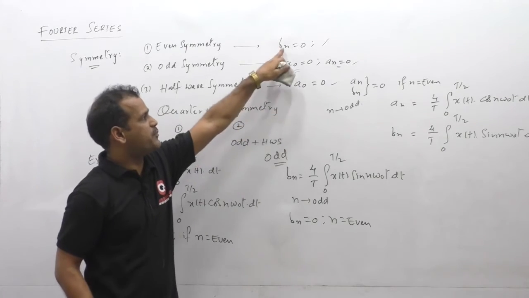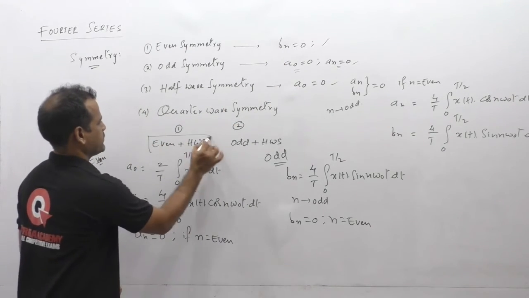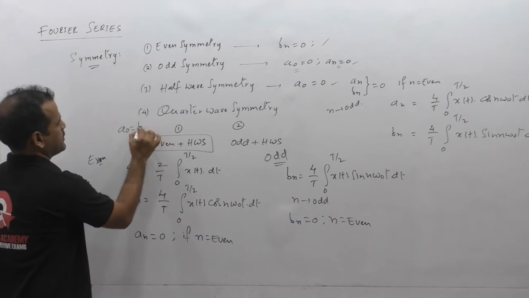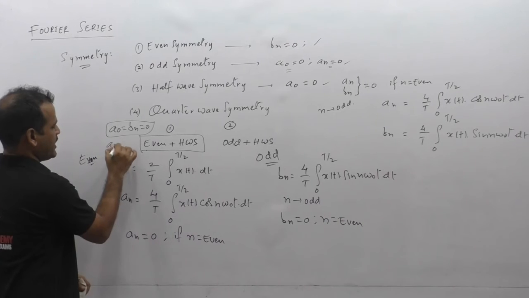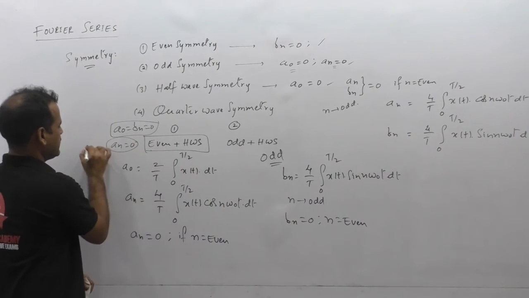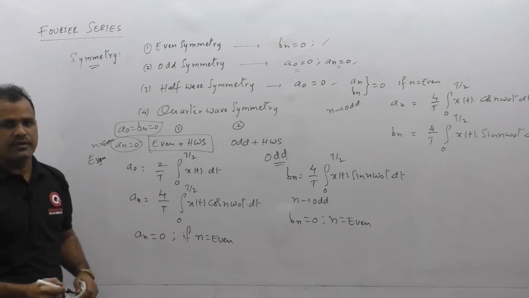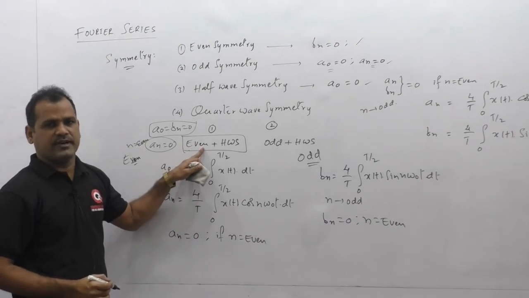So A naught and Bn are completely 0, and An value is 0 for n even. Fine. So only for n odd we need to define it for quarter wave symmetry.